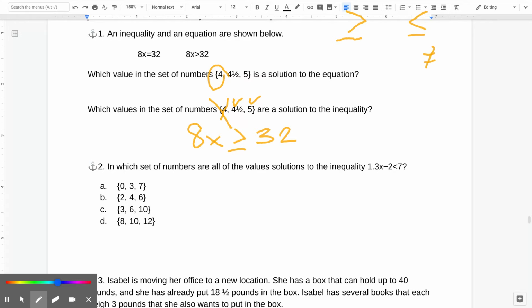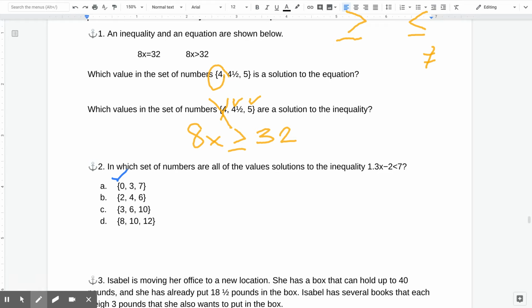So here we have this inequality, 1 3/10 times x minus 2, and we want that to be less than 7. I'm simply going to start with A and start solving. Okay, so 1 3/10 times 0 is 0, minus 2, which would give me just negative 2. Negative 2 is definitely less than 7, so 0 works.